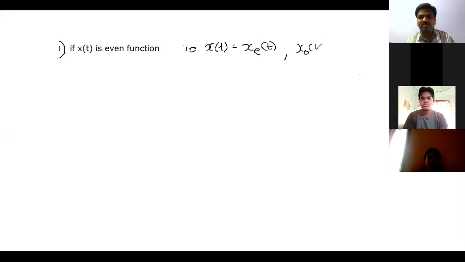From this we can directly say that x naught of t is equal to 0. We need to consider this case. In this particular case, x of t is said to be an even function. That is, x of t is equal to x e of t, and x naught of t is equal to 0.